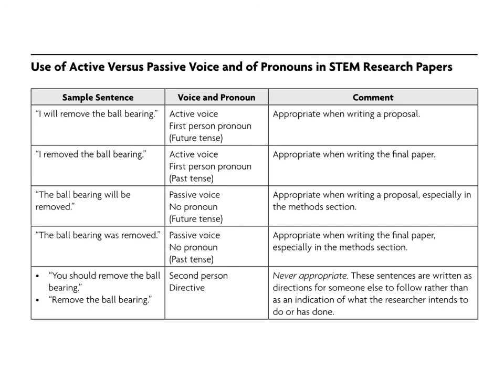When you've finished your project and you're writing your materials and methods, then the ball bearing was removed. Past tense. Never the second person directive. You should remove the ball bearing. No good. Or remove the ball bearing. No good. So we want to do the passive voice. When we write science papers, we want to do the passive voice. No I, we, or any of that stuff.